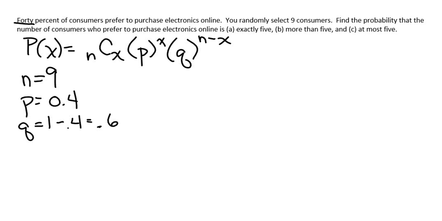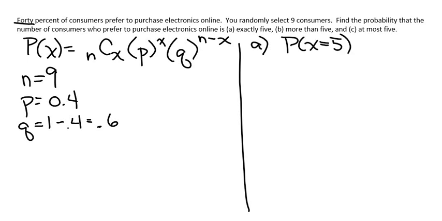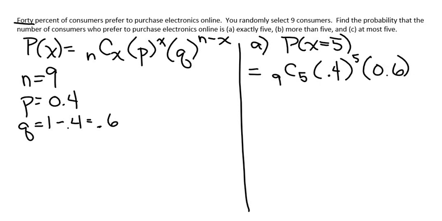Now let's look at part A. Part A is asking for exactly 5. So let's plug our numbers into our formula: 9 choose 5, 0.4 to the 5th power, and then 0.6 to the 9 minus 5 power.